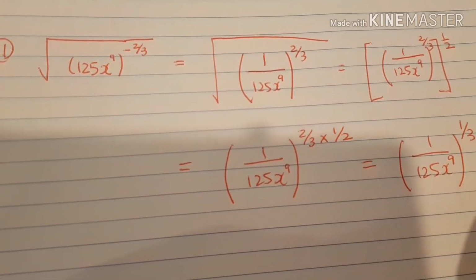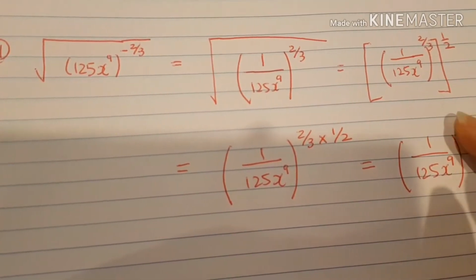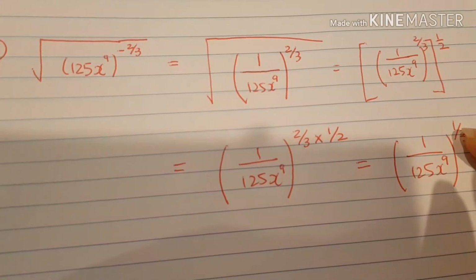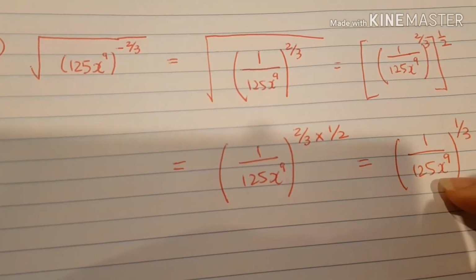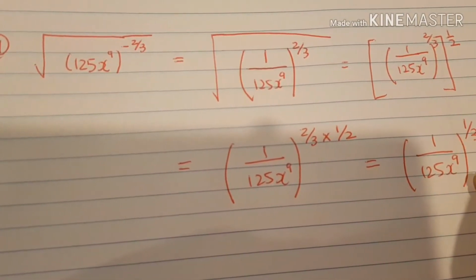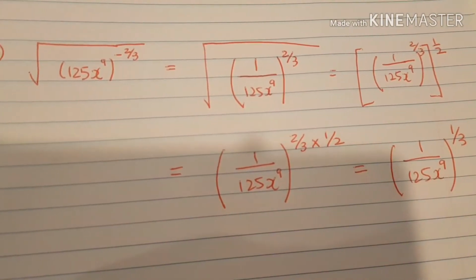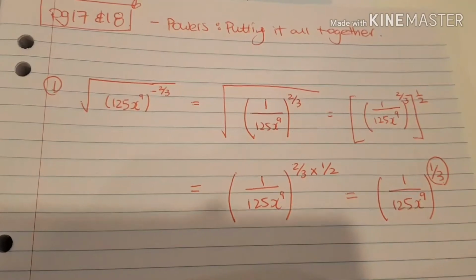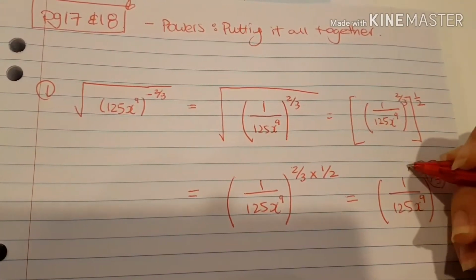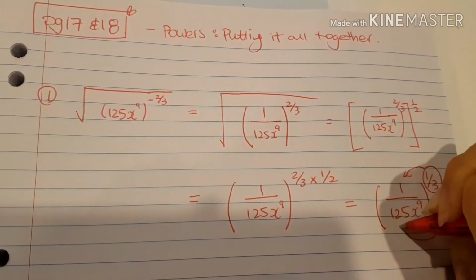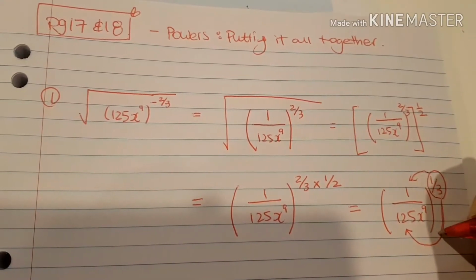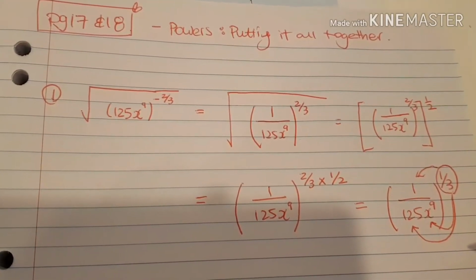Alright, now what am I going to do? This is a power, I have a bracket, it's going to apply top and bottom, right? Every single term inside the bracket. So let's have a go. Okay, so 1/3 will apply here to 125 and to the value of x.